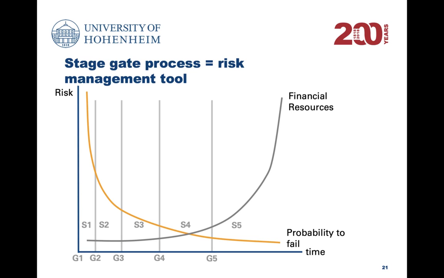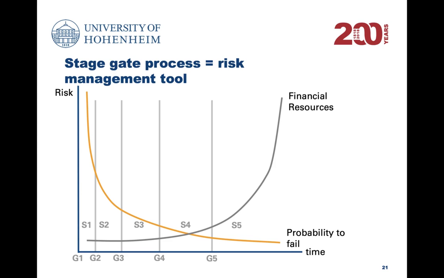Now, if the probability to fail would remain the same when we go from stage 1 to 2 to 3 to 4 to 5, then the risk, being the probability to fail times the resources, would increase exponentially as well. What we now need is a process that reduces the probability to fail accordingly, so that the risk remains approximately the same.